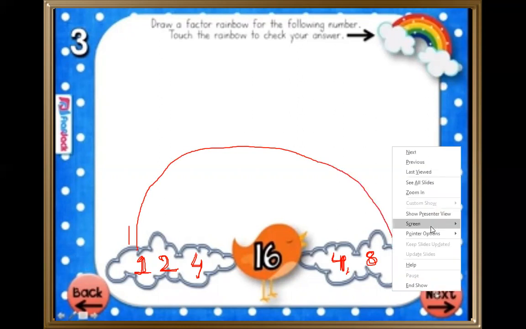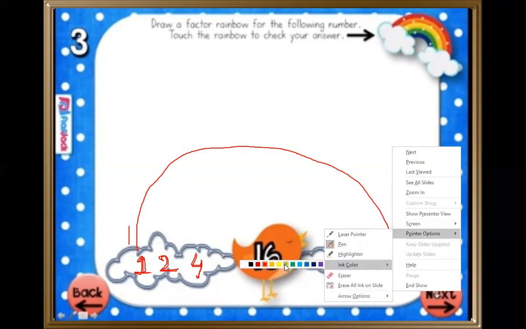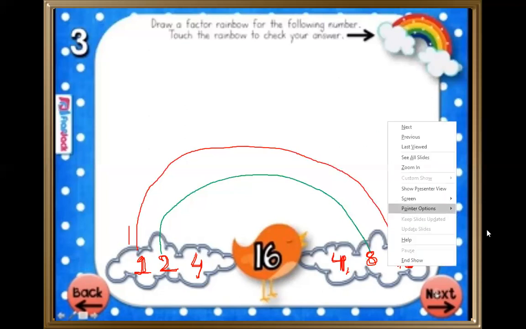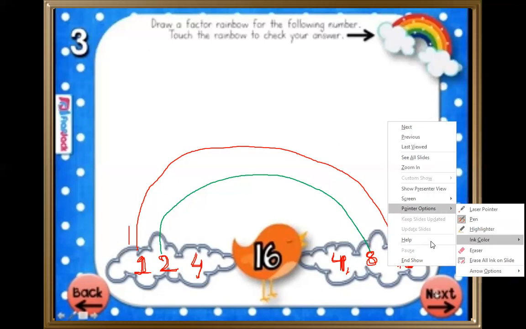I have to take a different color than red, so I take a green color. Now I match 2 multiply by 8. This is giving me 16 because 2 8s are 16. I choose one more color, the blue color.